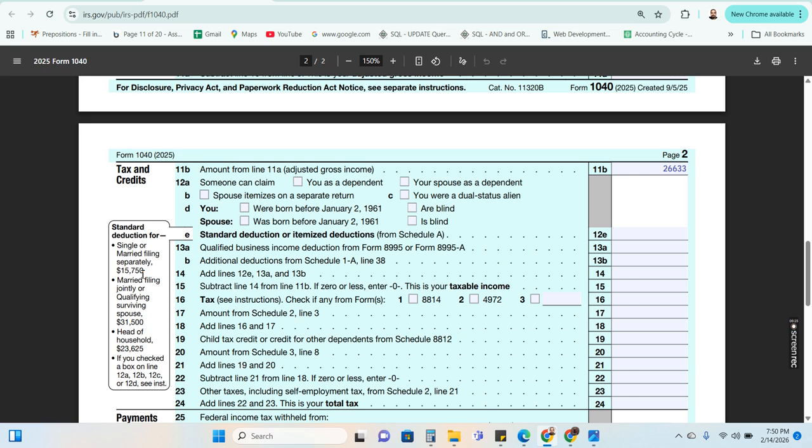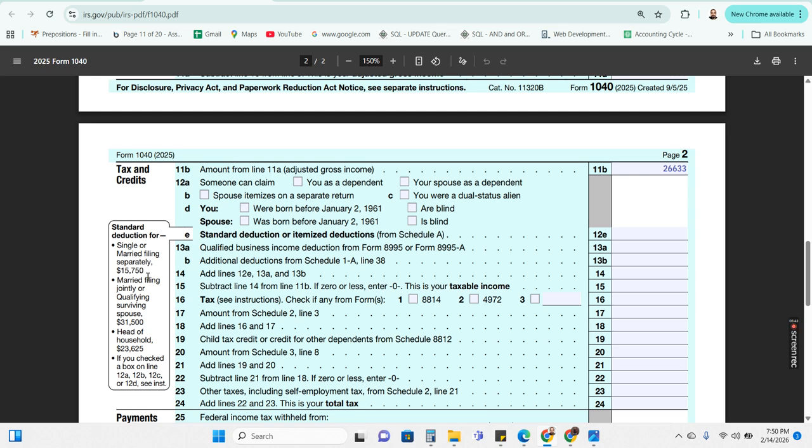The government is giving you an option: whichever is greater, you can take it. Either you take the standard deduction, in this case 15,750, or the Schedule A itemized deduction of 5,000.